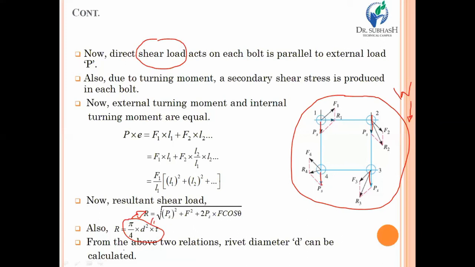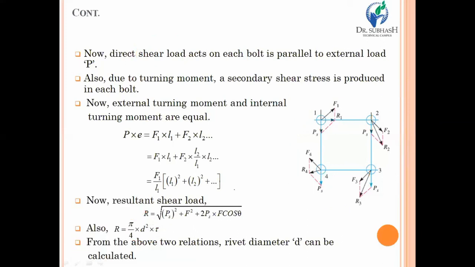Now, in order to identify the secondary shear load and its direction, suppose you are applying load W over here, and due to that W, your bolt system is going to move or produce a turning moment in this direction. So every bolt is subjected to a turning moment like that. Based on that turning moment direction, one can easily evaluate the direction of the secondary shear force.